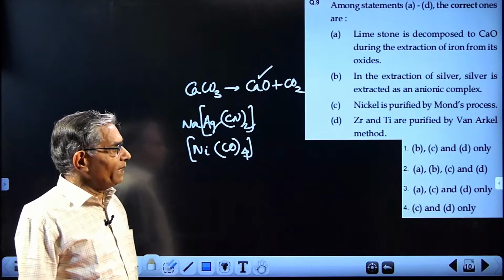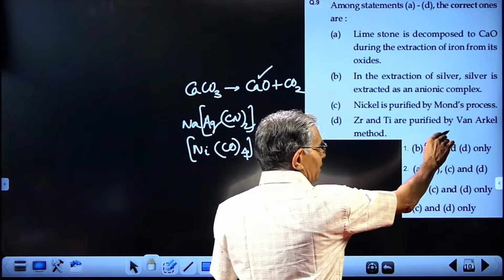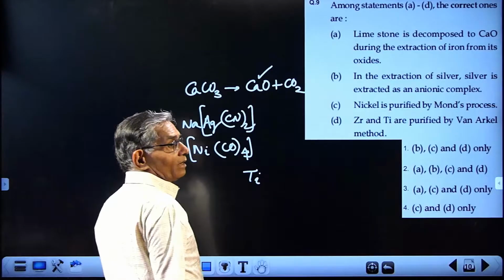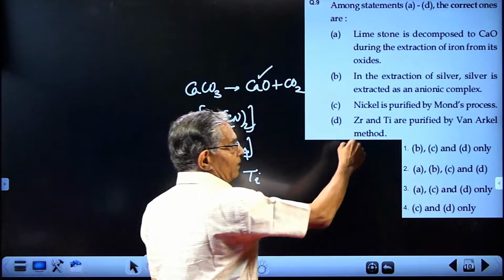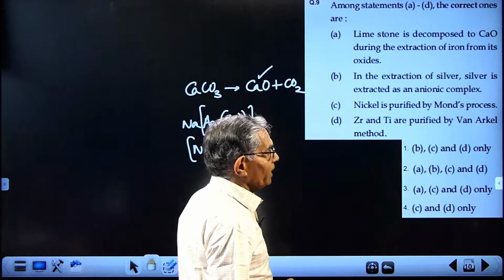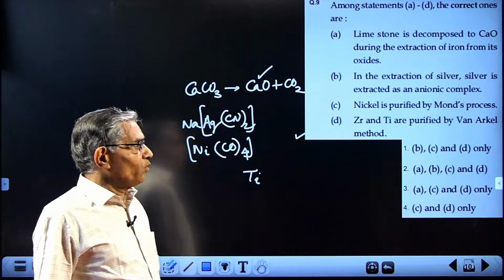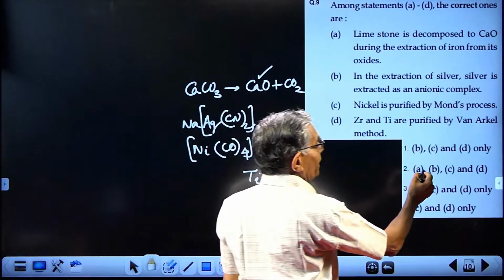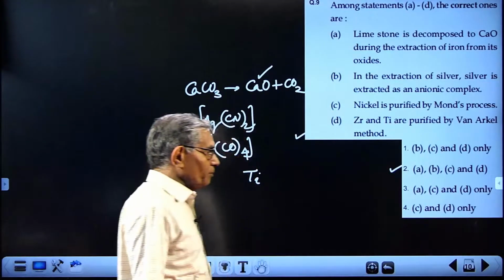And zirconium and titanium can be purified by a similar method but not the carbonyl method. They are allowed to form compounds with halides, which then decompose to give the pure metal, and that method is called the Van Arkel method. So that way all statements are correct. A, B, C, D all are correct. Therefore, your option will be 2.